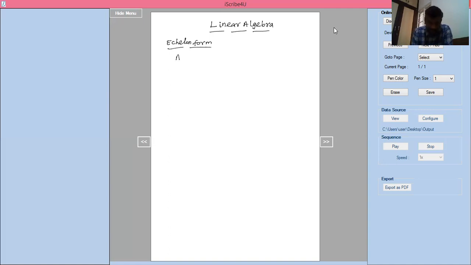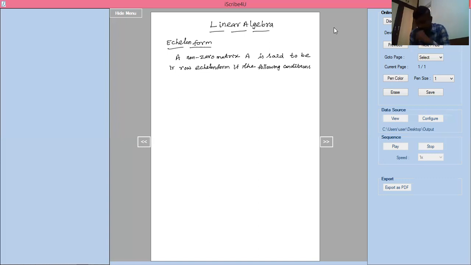A non-zero matrix A is said to be in row echelon form if the following conditions prevail.